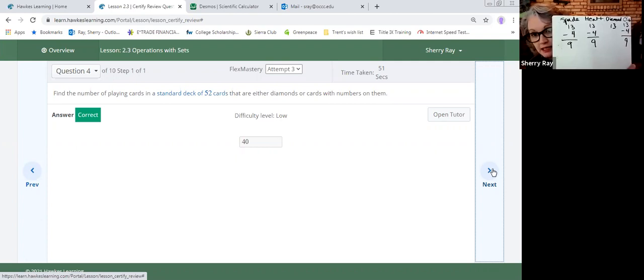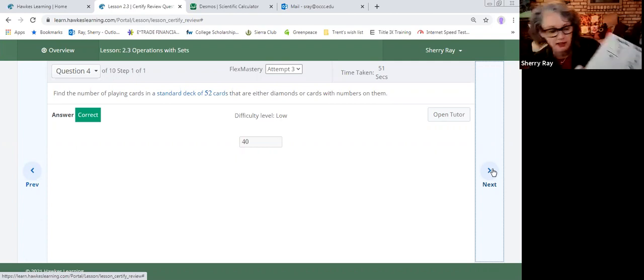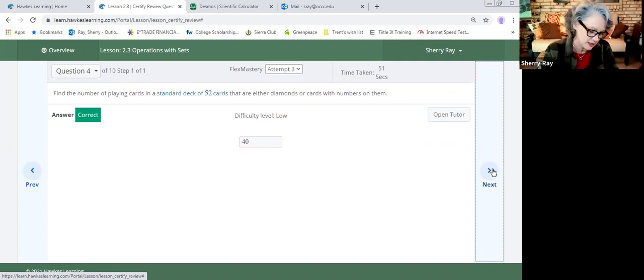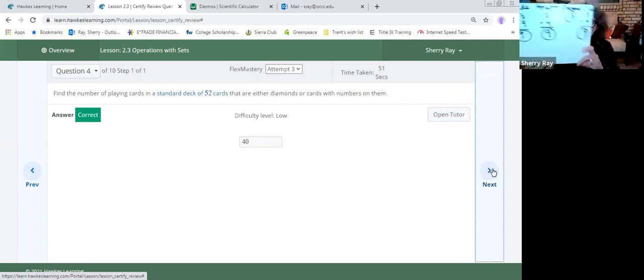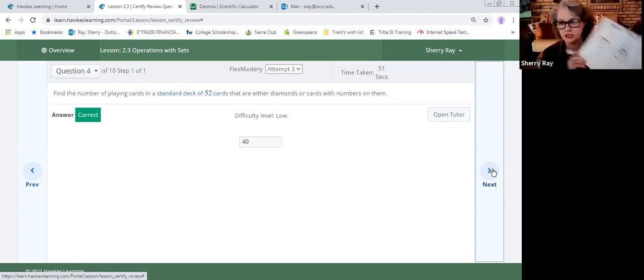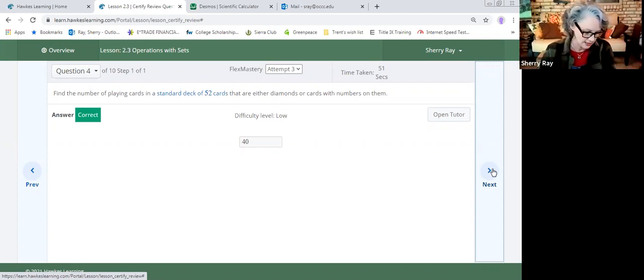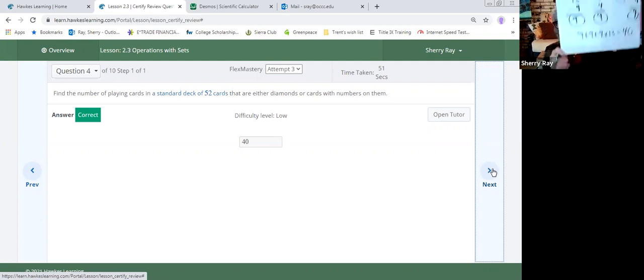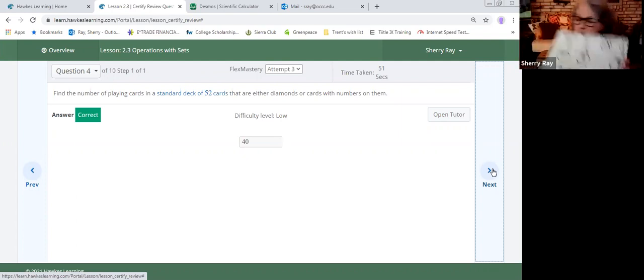That's the ace, the king, the queen, and the jack, plus the 13 diamonds. So if you add 9 plus 9 plus 9 is 27 plus 13. That's how I came up with 40 on that one right there.